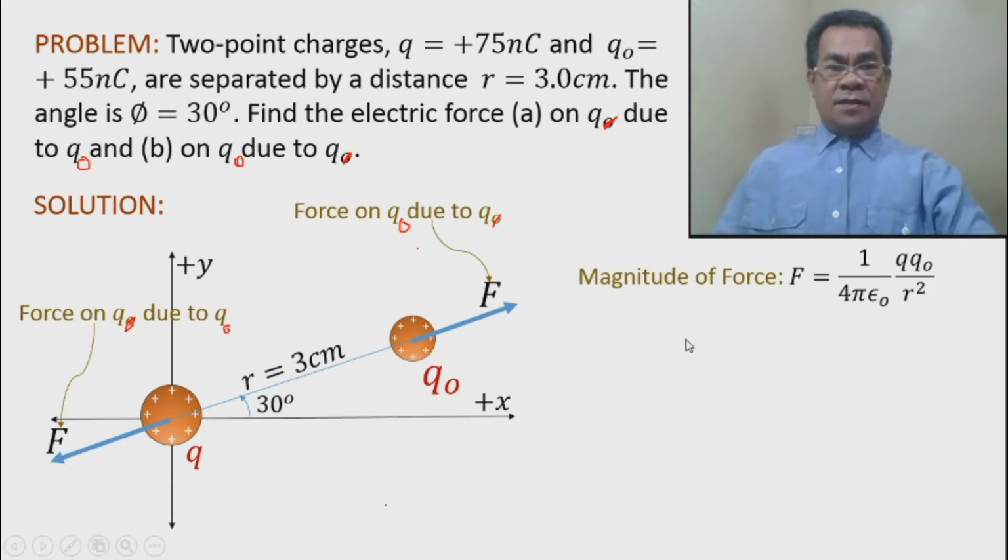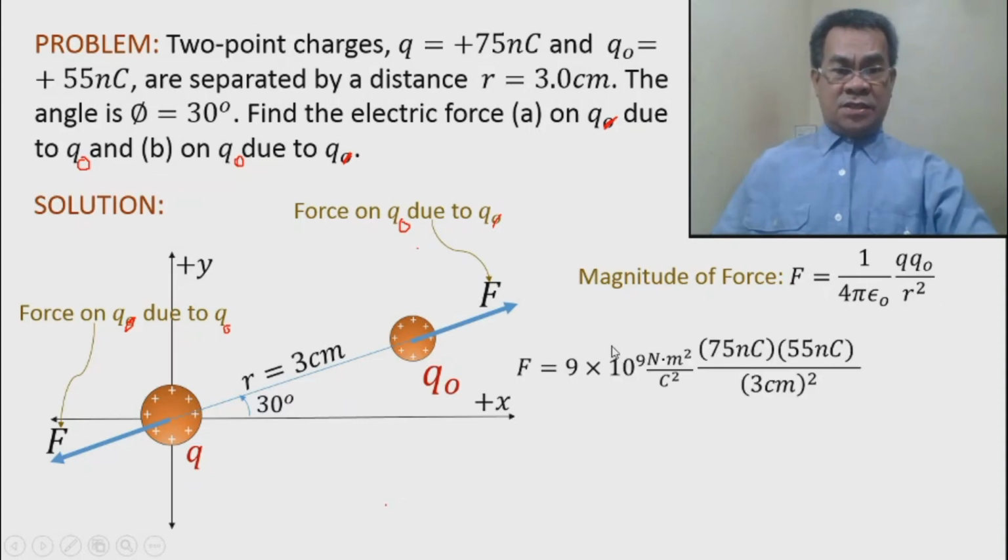Therefore, take note that to calculate the magnitude you have to use 1/4 pi permittivity times Q Q naught over r squared. So all you need to do is substitute the values. Take note, this is 9 times 10 raised to 9, and the unit is, take note, this is the electric constant, Newton meter squared per Coulomb squared. You have to memorize this one because this is the value of 1/4 pi permittivity.